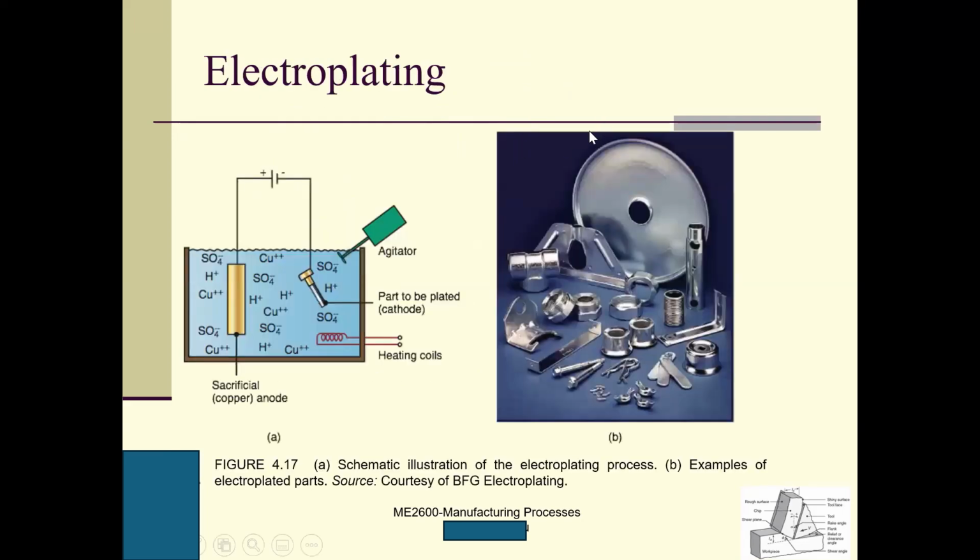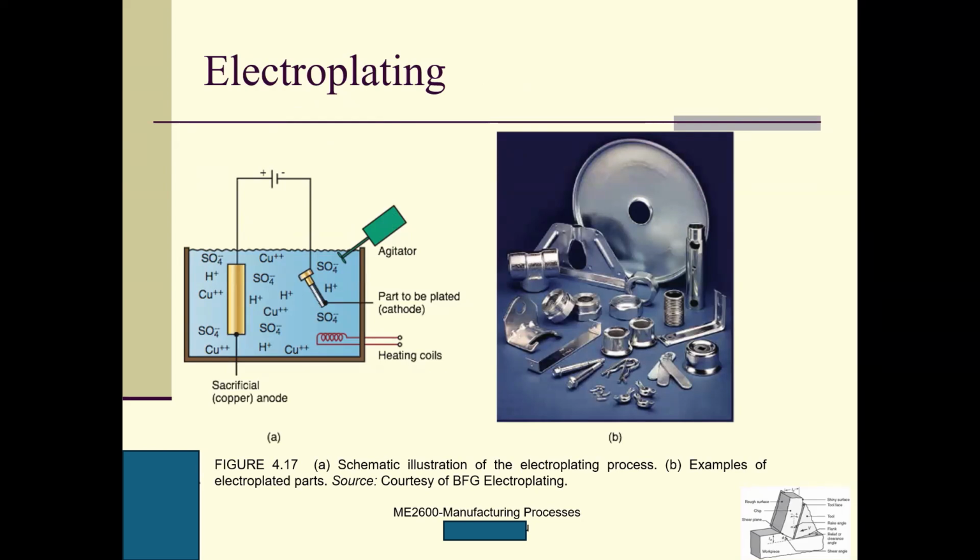Another one is electroplating. As the name suggests, it is also related to the surface; I want to make the surface much better. I have a lot of ions in this solution. This is a sacrificial anode. Here is the part to be plated. I want to plate this bolt. How I do it is with a sacrificial copper anode.